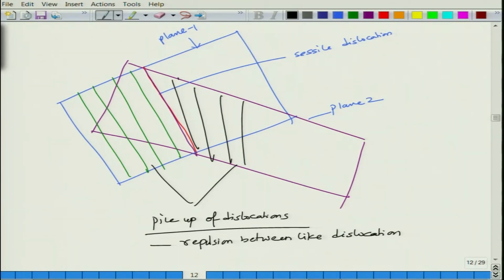So, let us say, if you have multiple dislocations piling at a source, so this is let us say the blockage, okay, this is the blockage, and you have multiple dislocations piling up like this. This is what is the pile up, and you will have repulsion between the like dislocations. As a result, this will lead to increase in the stress that is required to cause the further deformation.